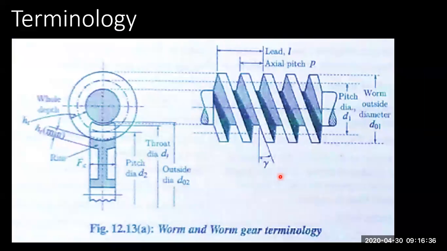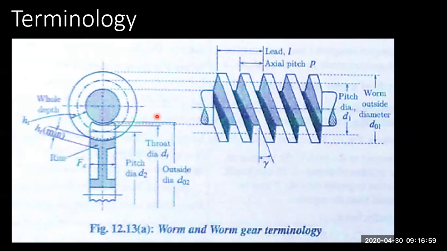So this is extracted from your data handbook. Okay, it's 12.13a. We'll use the same terminology throughout, and also we'll find the dimensions for this. Right. So first, starting with the worm, you have the whole depth, which is including the addendum, dedendum.